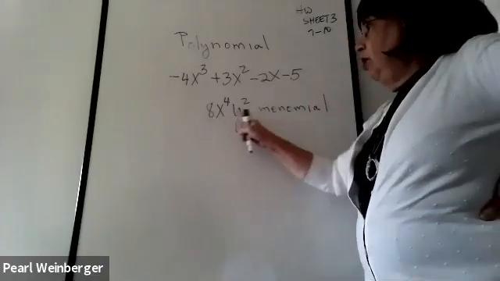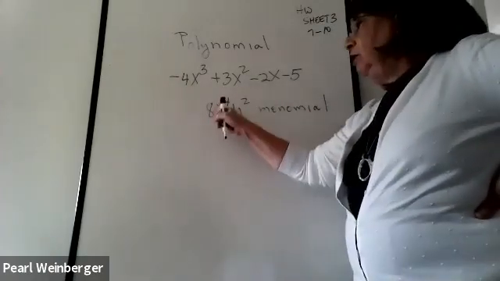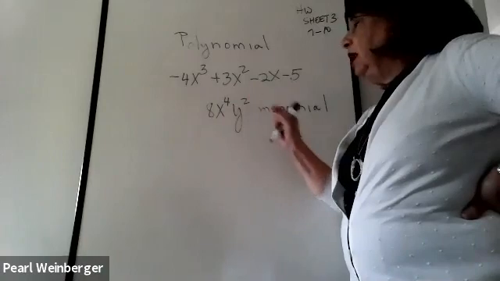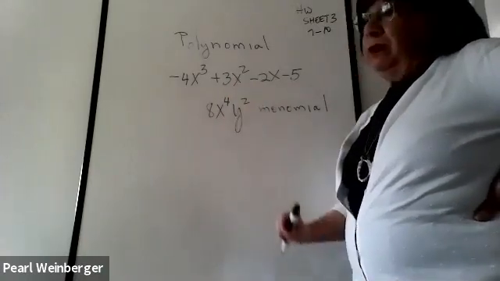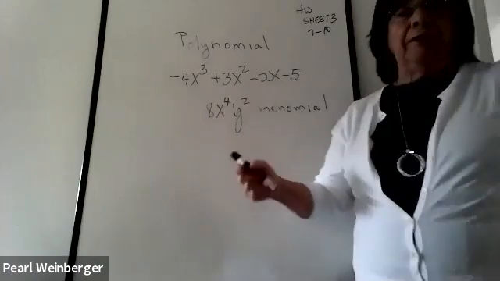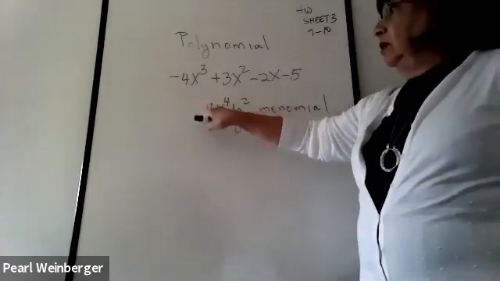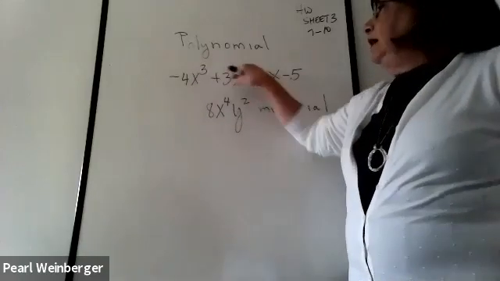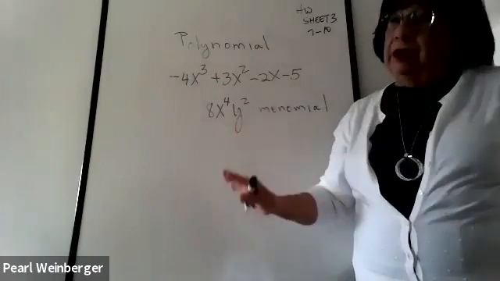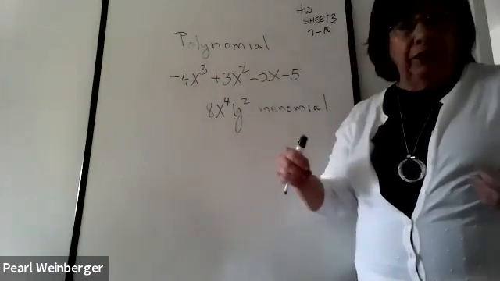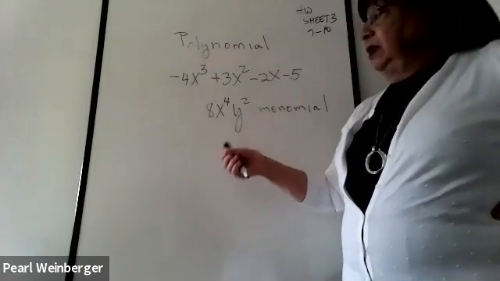Notice all the letters and numbers in my monomial are all connected with the operation of multiplication. There are no pluses or minuses in between them. That makes it one term, a monomial. When there are pluses or minuses between the letters or the numbers, then we get more than one term. There are specific names that we give.